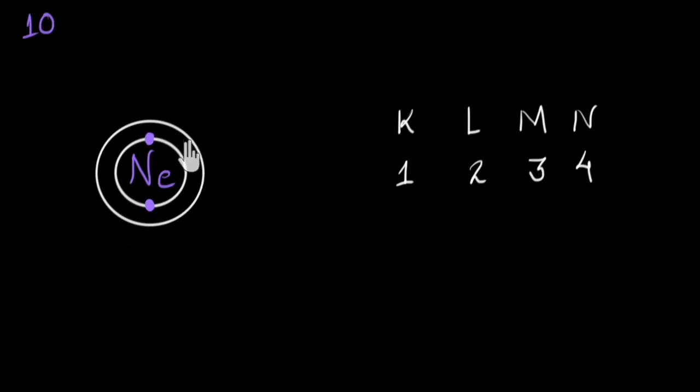Now the second shell or the L shell has a maximum capacity of 8 electrons. That means all the 8 electrons will occupy the L shell. So here we have 2 electrons in the K shell and 8 electrons in the L shell. And this is how the 10 electrons of neon go around its nucleus.